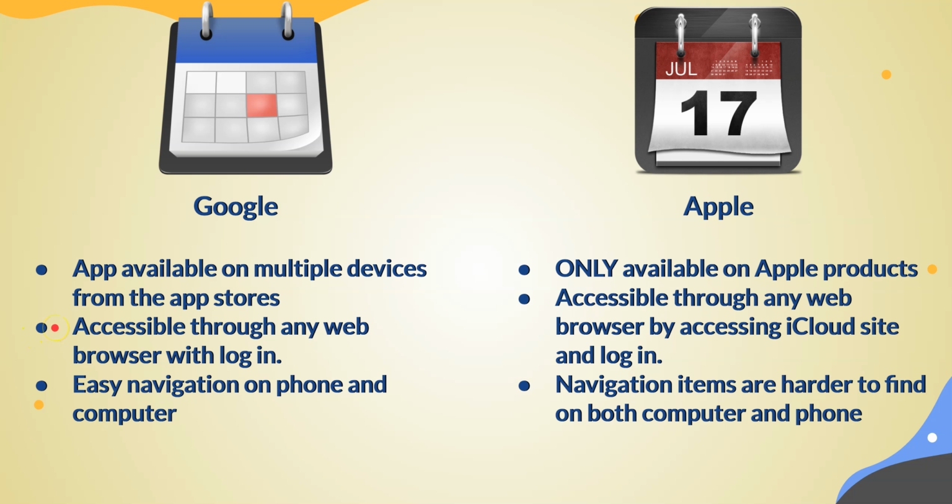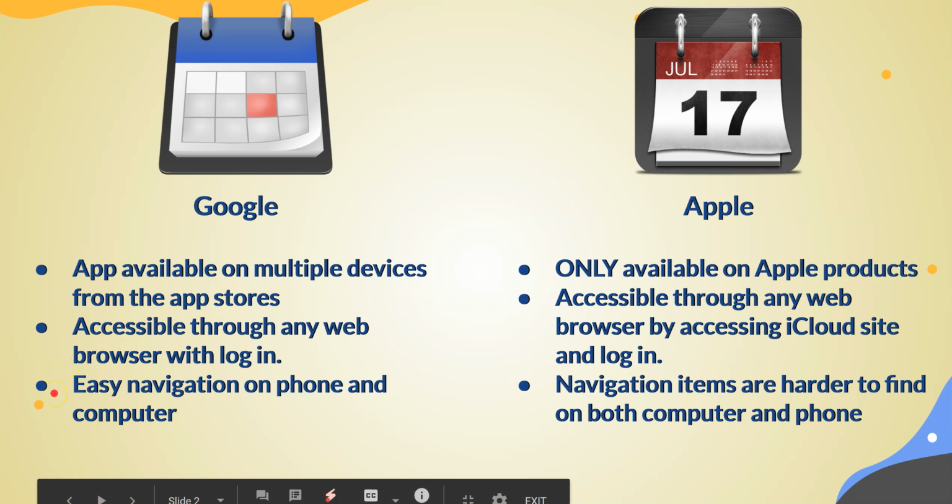You can also access the Google Calendar through any of the web browsers with your Gmail or your Google login. With the Apple, you can also access it through browsers. However, you need to access the iCloud site first and then log in through your iCloud account with the Apple Calendar.